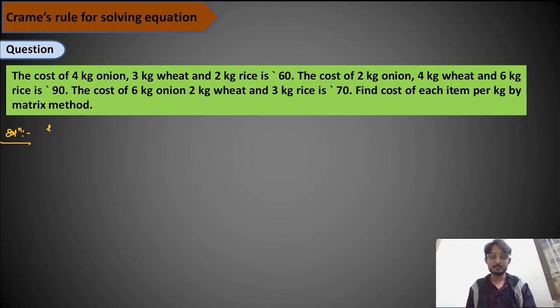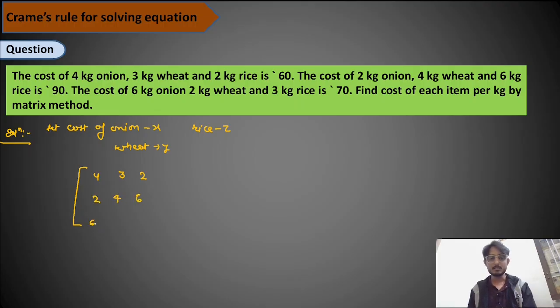Let the cost of onion be x, wheat y and rice z. So you can write as 4 kg onion, 3 kg wheat, 2 kg rice. Next one, 2 kg onion, 4 kg wheat, 6 kg rice.